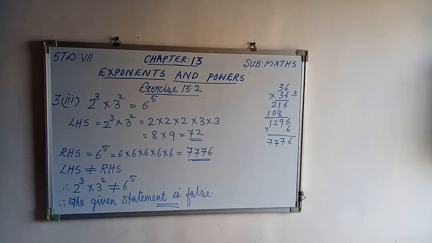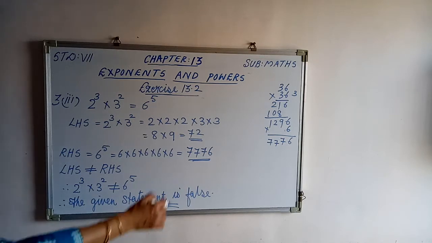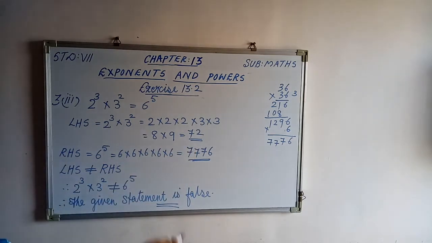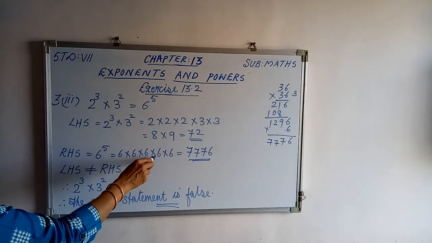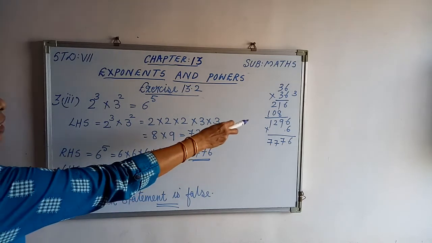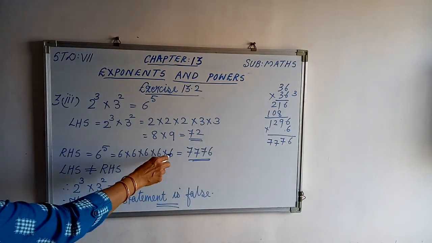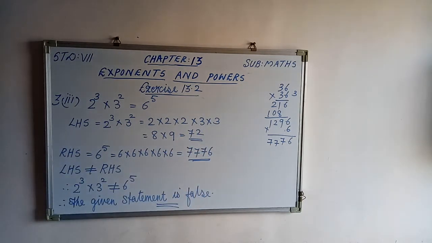RHS: 6 raised to the power 5, that is 6 multiplied 5 times. See, 6 into 6 is 36. 36 into 36 we get 1296. Then multiplied by 6, 7776. Now LHS and RHS are not equal. Therefore, the given statement is false.